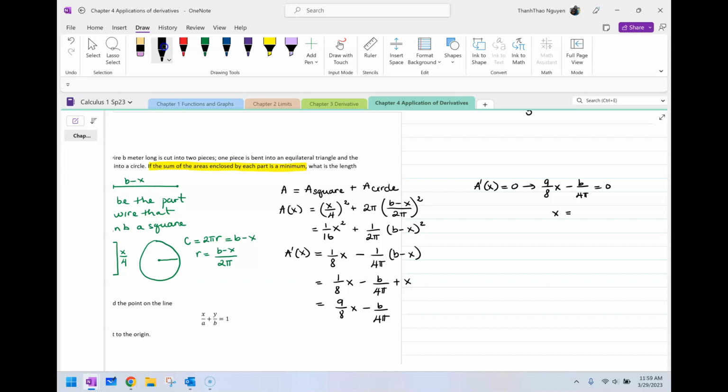So then x equals b over 4 pi multiplied by 8 over 9, which simplifies to 2b over 9 pi.